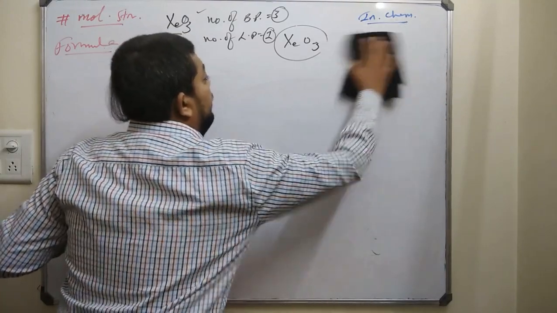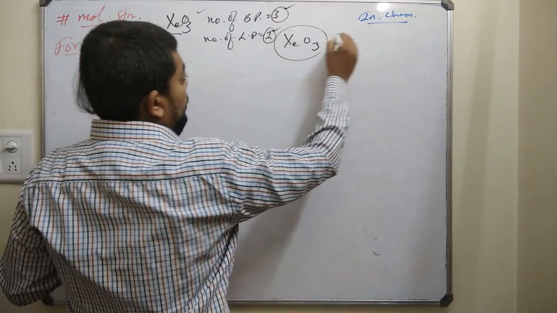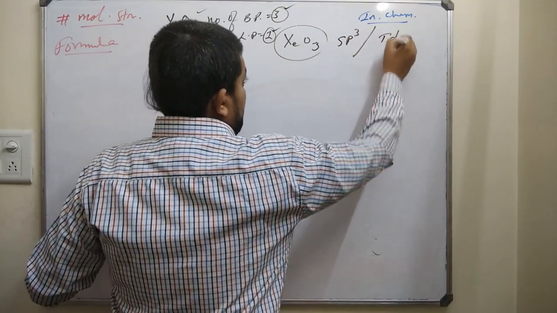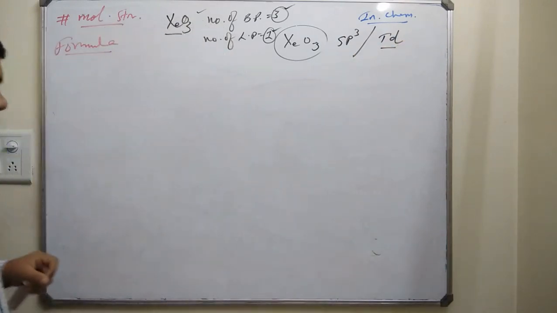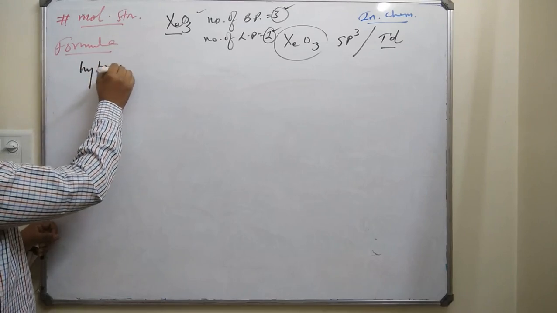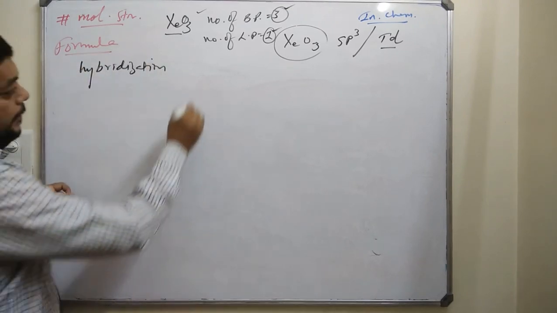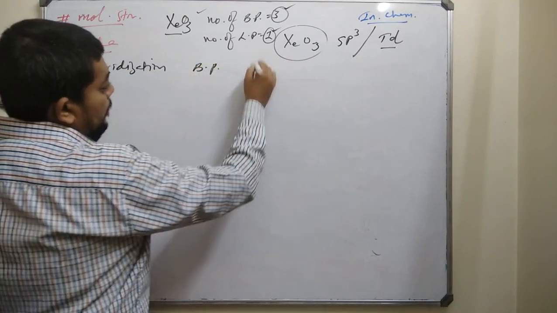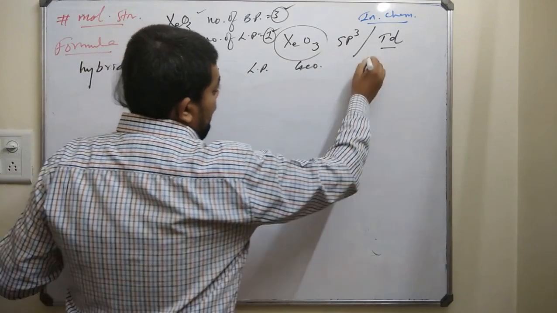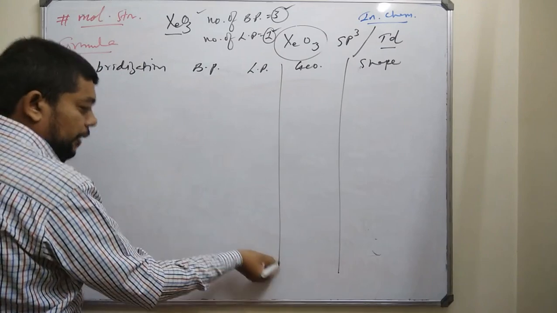Let us go for the shape. Remember, it has to be done on the basis of few earlier answers, that is hybridization, bond pair, lone pair, geometry, and then you will come across shape.